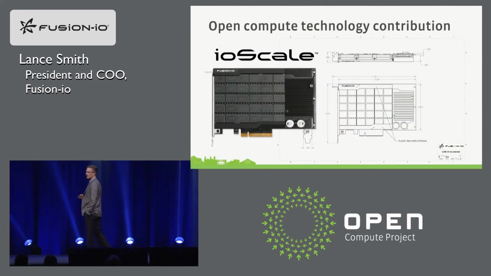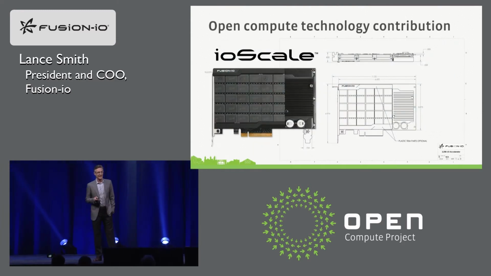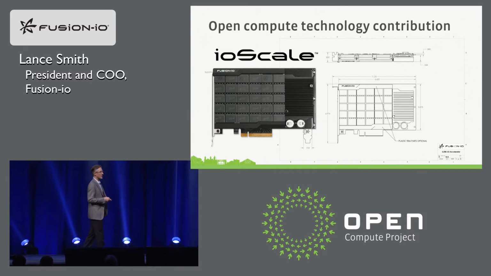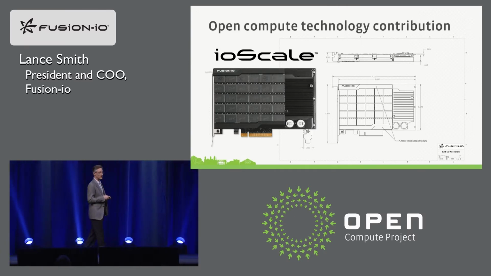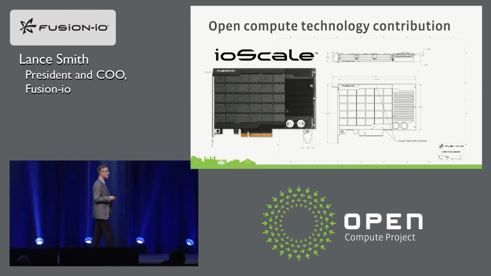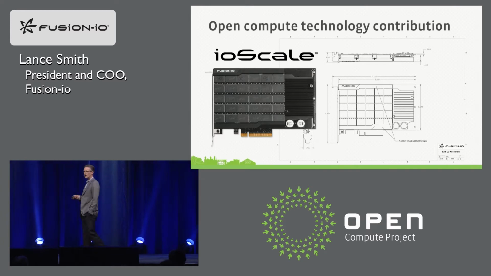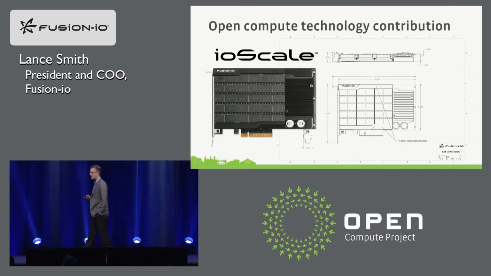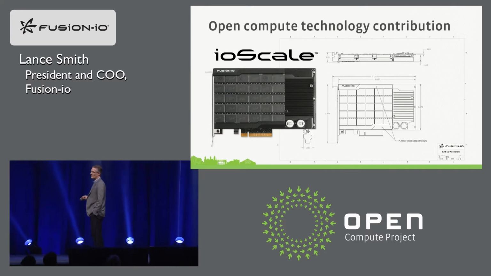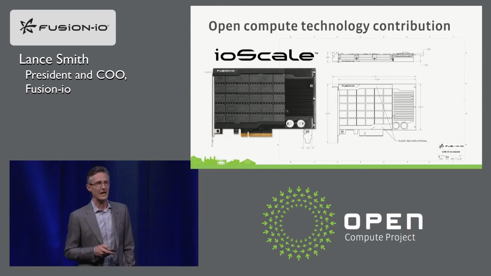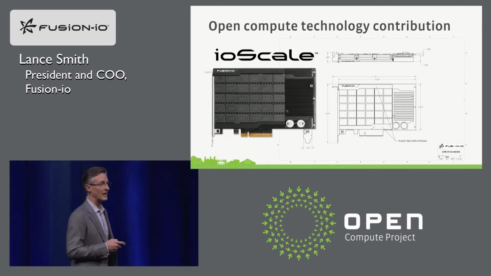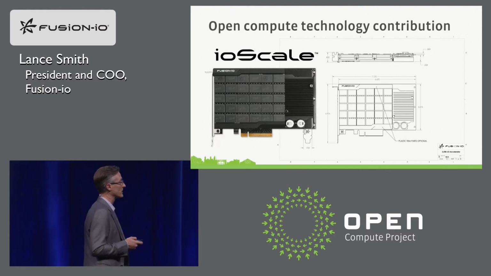Last year, we introduced the IOscale product family to address this. IOscale is based on the same technology as IO Drive. However, it's been targeted to support those price-sensitive applications. The other thing that we've done to ensure the adoption of OCP is that we contributed the electrical mechanical design of our 3.2 terabyte IOscale product to OCP.